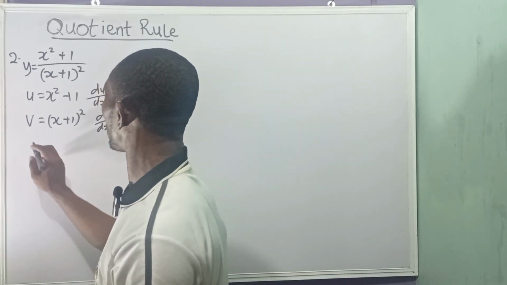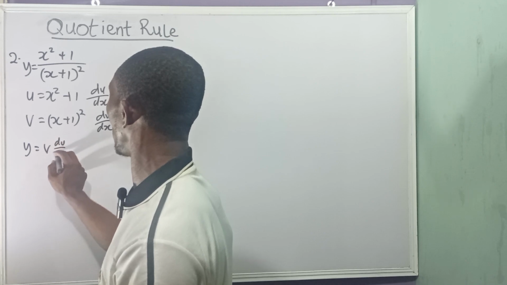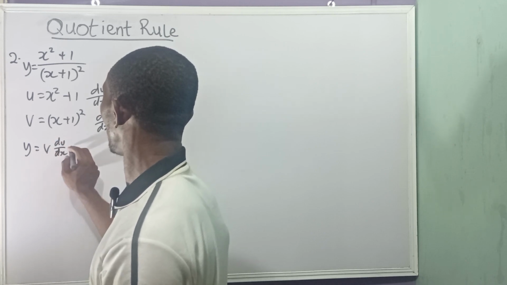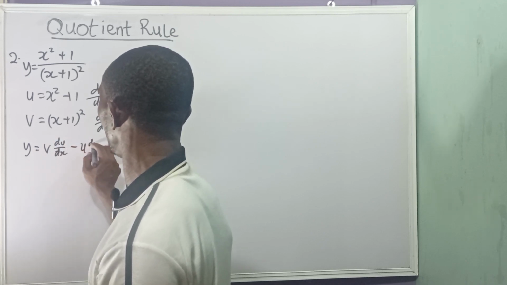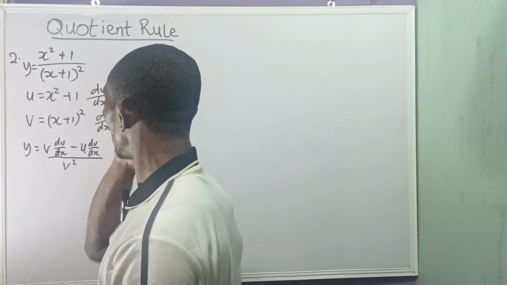Now applying our quotient rule, dy/dx equals v du/dx minus u dv/dx all over v squared.